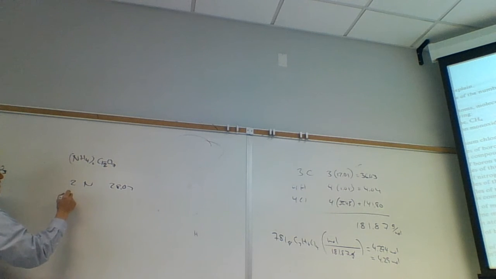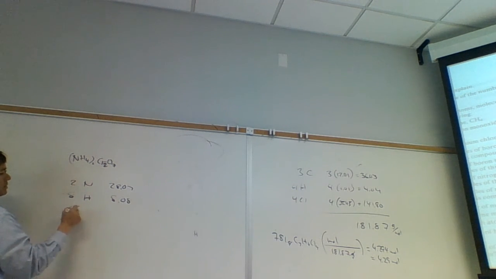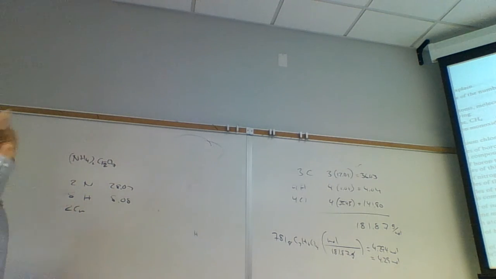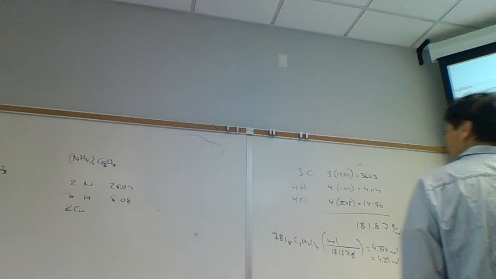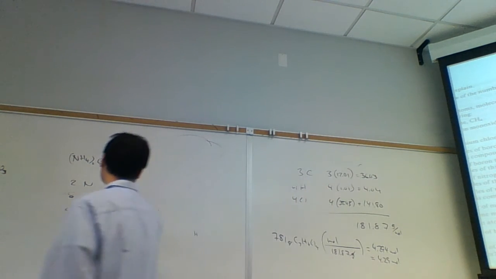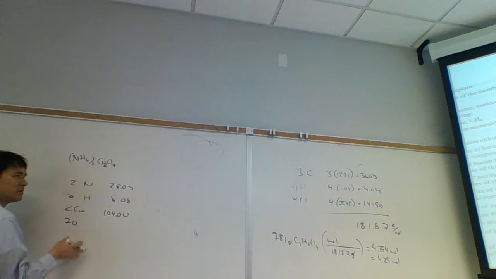How many hydrogens? 8 hydrogens is 8.08. 2 chromiums? We looked that up earlier: 51.99, so 52.00, so 104.00. 7 oxygens. 7 times 16. 6 times 16 is 96, so add another 16 would be 112.